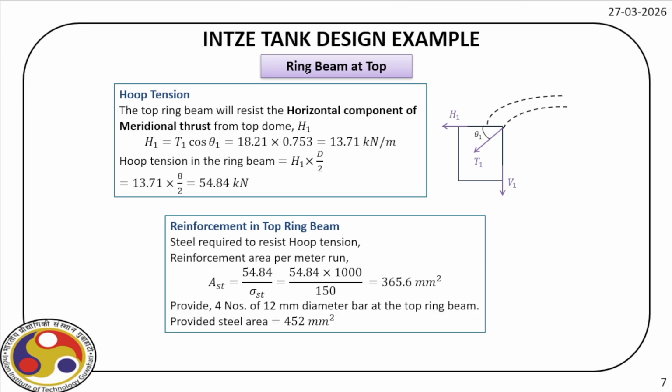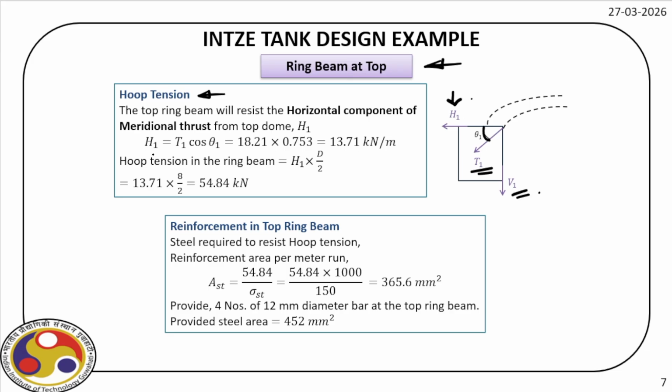Now let us design the ring beam at the top. So for that, again we have the hoop tension. As you can see, hoop tension is marked here, H1. So this is the horizontal component of the meridional thrust, T1. We have already evaluated, we already know theta 1. So we can find out these two components, H1 and V1.